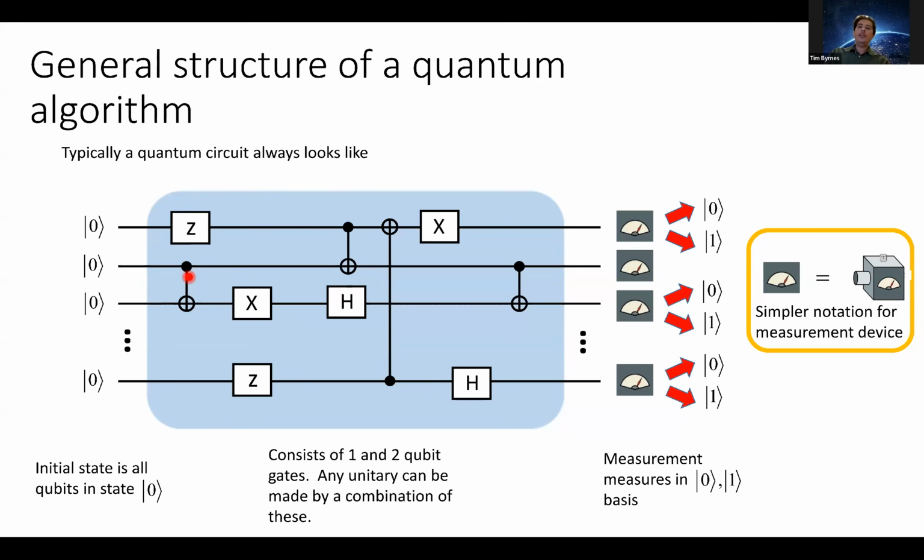So any time you have gates that are not related to each other, it doesn't matter what the ordering is. But for these two, for instance, the order would matter. You certainly need to do this one before this one, otherwise you might get a different result.